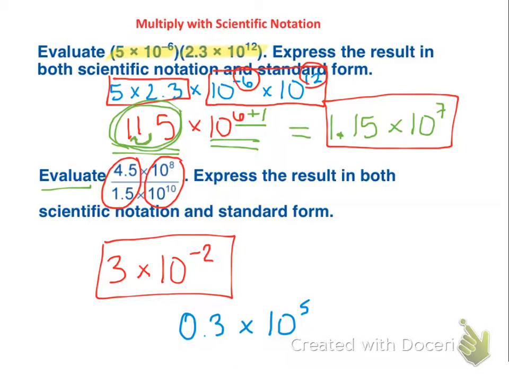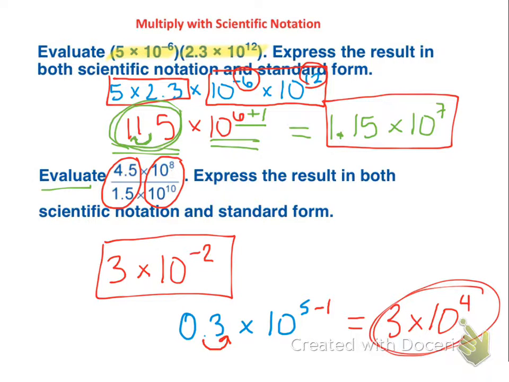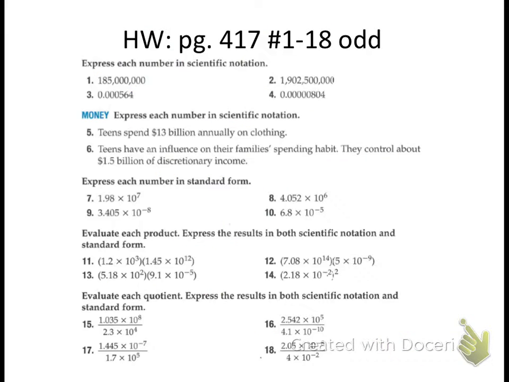So I would move my decimal 1 place to the right, making the number bigger. So I would need to take 1 away from the exponent. That would make this 3 times 10 to the 4th. True scientific notation.